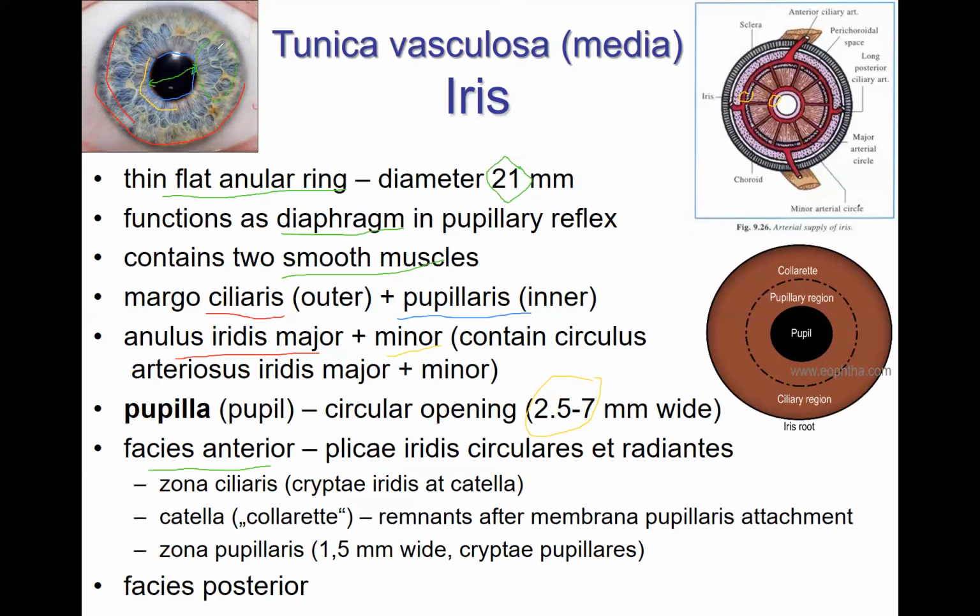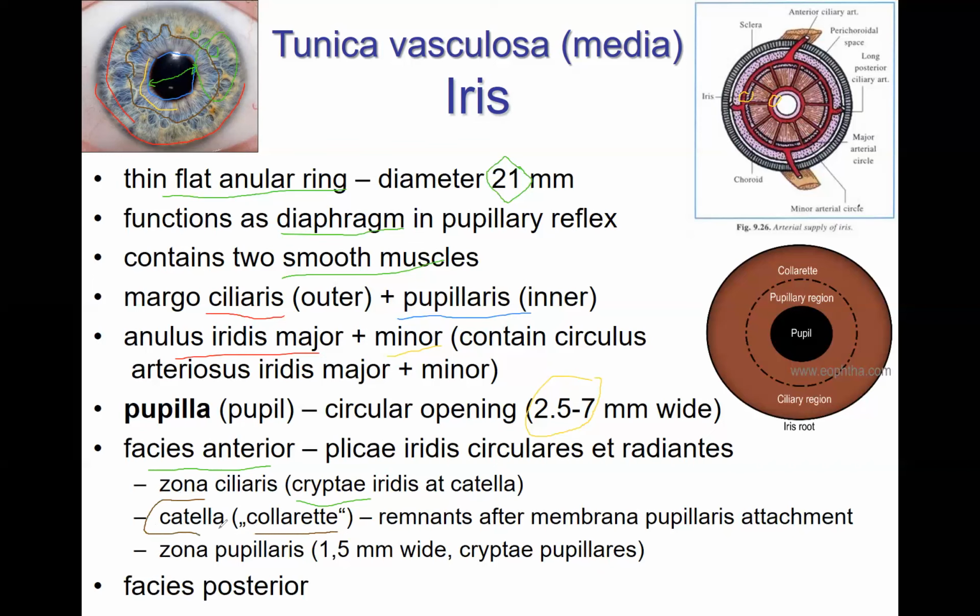If you look at it, you can see these openings, and these openings are called cryptae. And in between the greater and lesser ring, there's this toothy line. This toothy line is called collarette in English and catella in Latin.